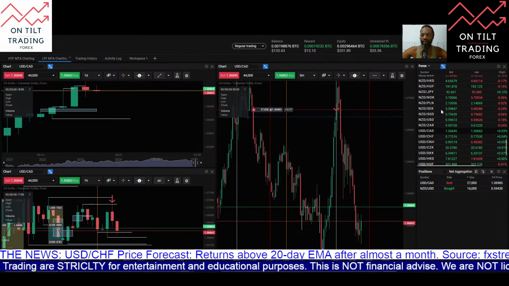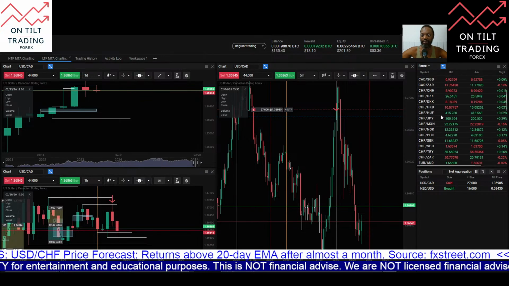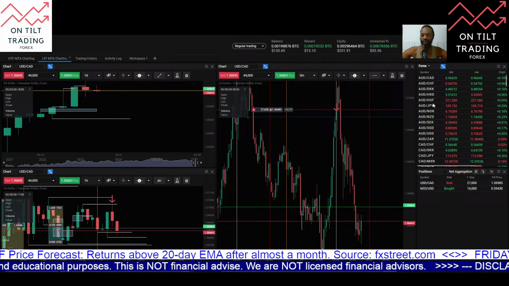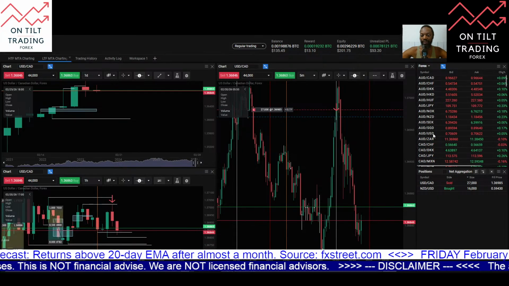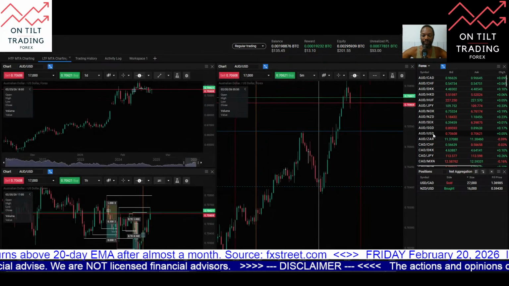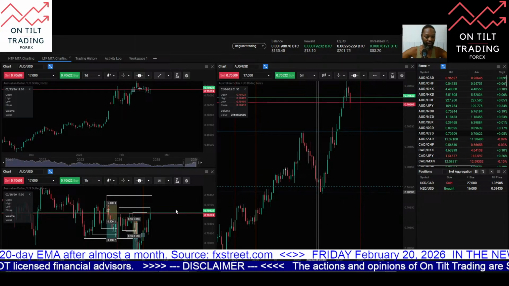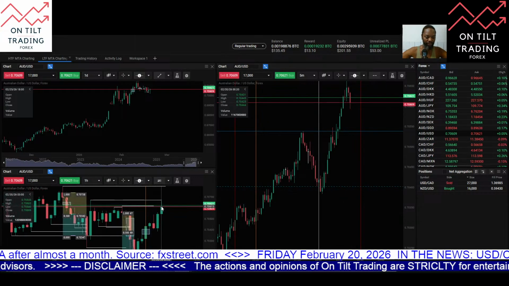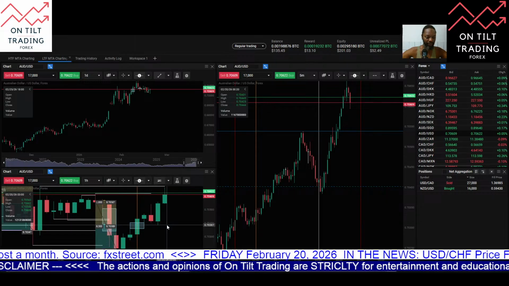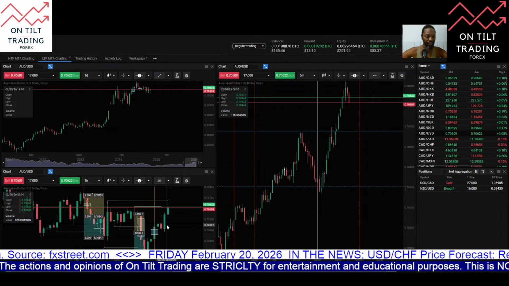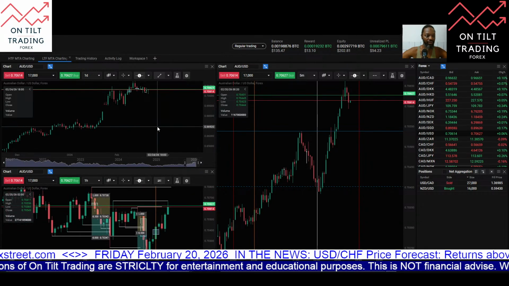Also during the Asian session, the Aussie dollar set up. And I've got an order out, but I'm going to cancel this order because price has just continued to run, and I don't believe that I'm going to get an opportunity for an entry here.